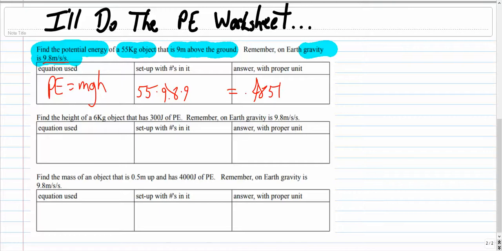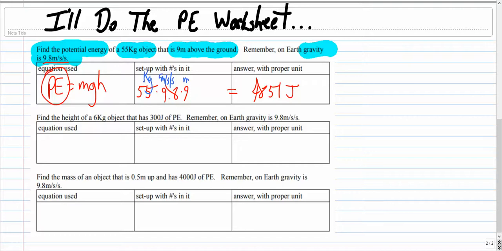4851 what? Well, you might know that energy is measured in joules, but to prove it to you with the units, let's take a look. Mass was kilograms, 9.8 is meters per second squared, and the 9 was meters.